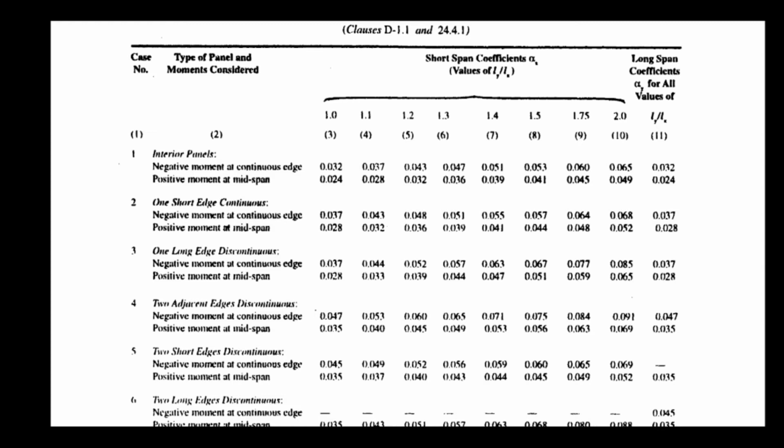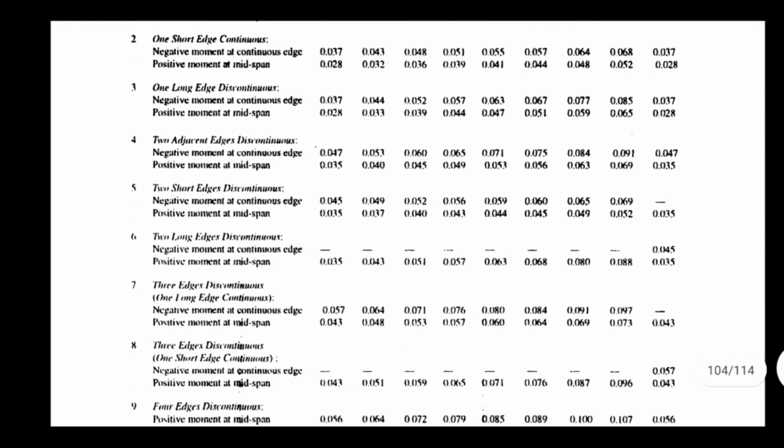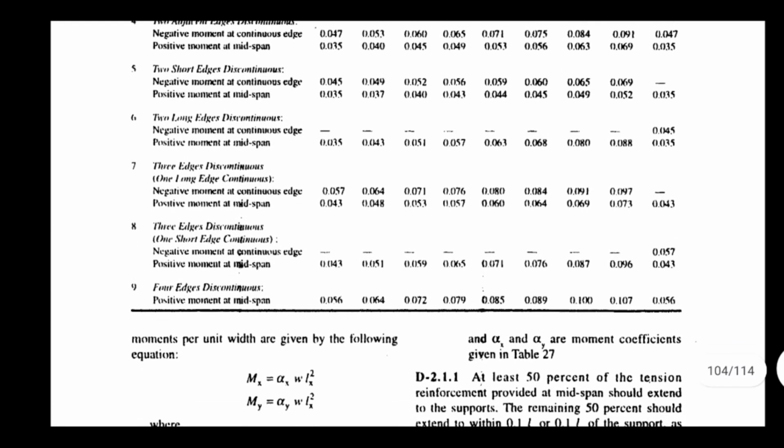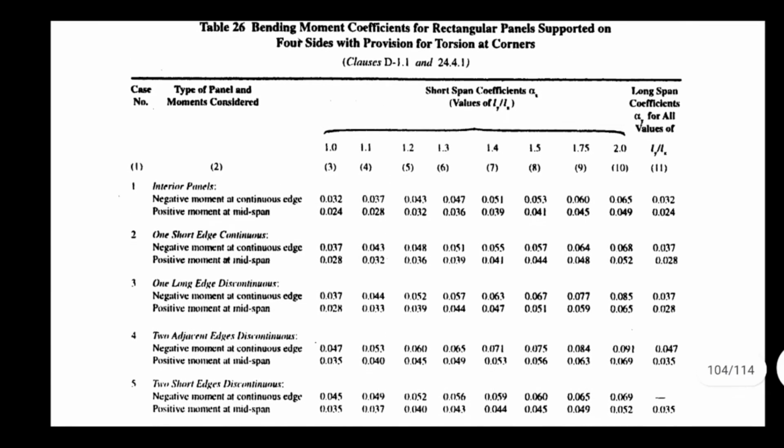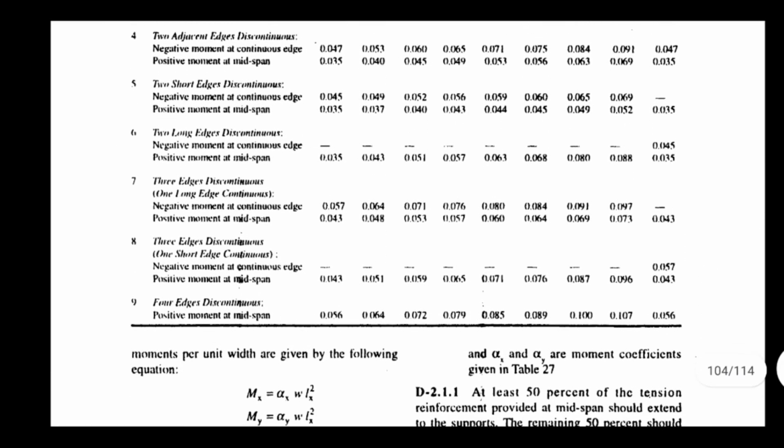So values are definitely between this. So column number 5 and 6, for 1.2 alpha x is 0.072 and for 1.3 alpha x is 0.079. So definitely for 1.25 the value of alpha x lies between 0.072 and 0.079.